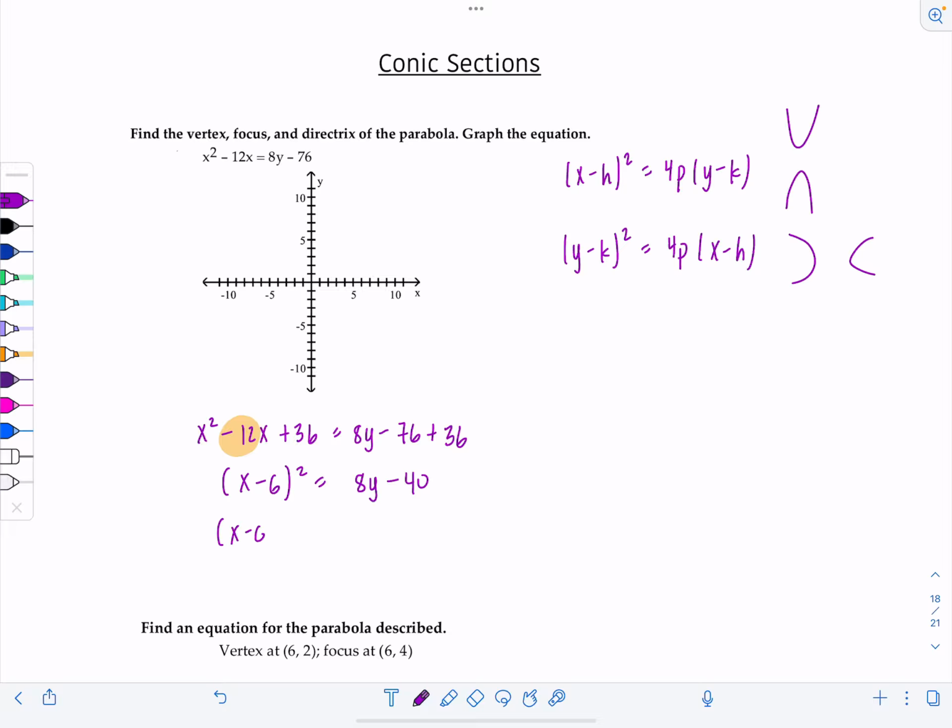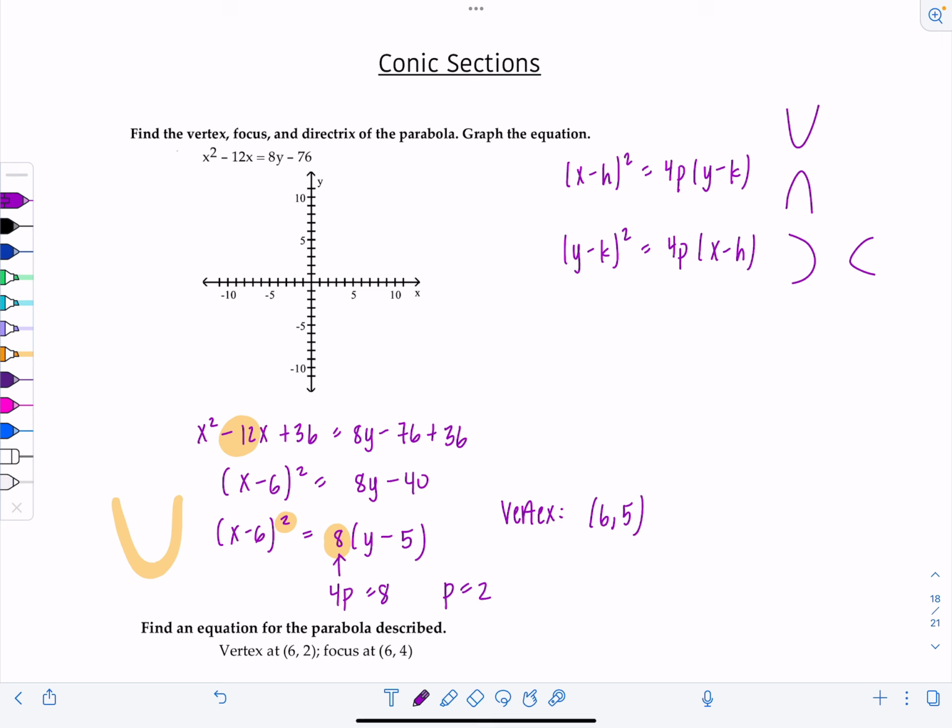So that's x minus 6 squared equals 8 times y minus 5. This number right here is 4p, so 4p equals 8, so p equals 2. Since x is squared, that means this guy's opening up or down, but I know it's up because this is positive. And then the vertex is at 6, 5.